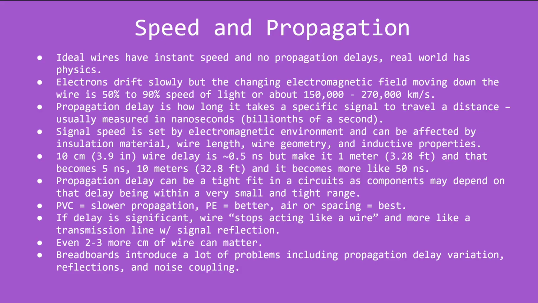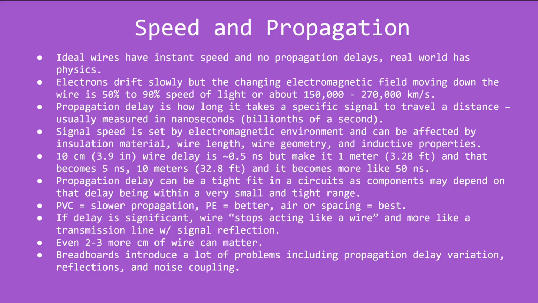Propagation delay is how long it takes a specific signal to travel a distance. Usually it's measured in nanoseconds, or billionths of a second. Signal speed is set by the electromagnetic environment and it can be affected by insulation material, wire length, geometry, and inductive properties, among other things.